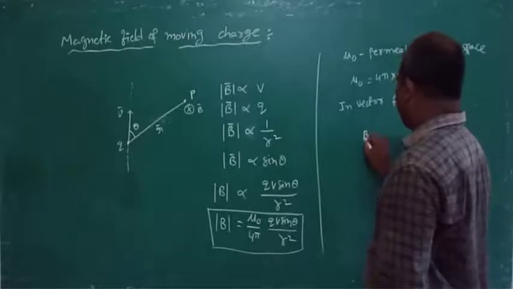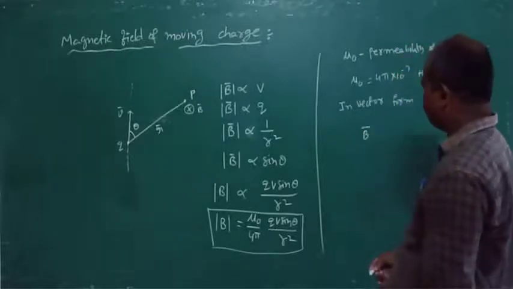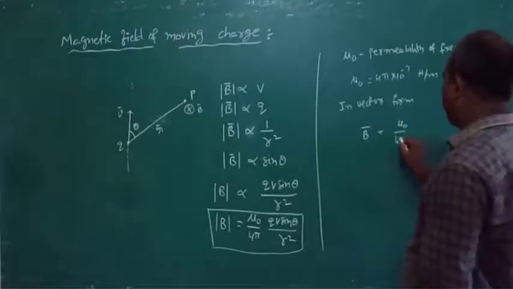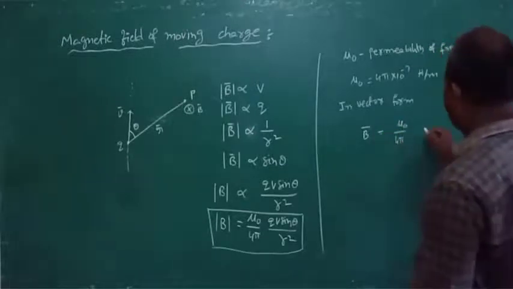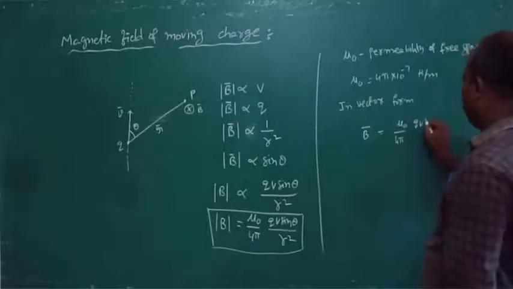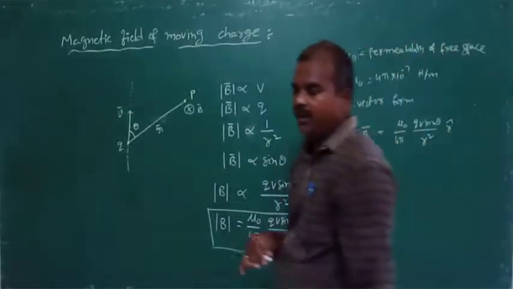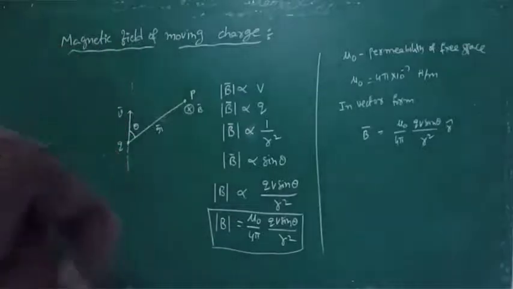In vector form, the magnetic field of a moving charge is B equals mu naught by 4 pi into q v sin theta by r square into r cap, where r cap is the unit vector.